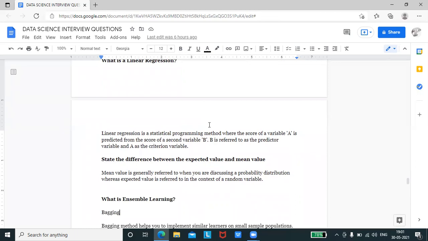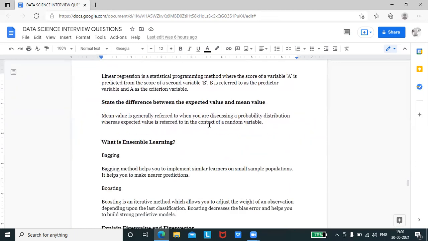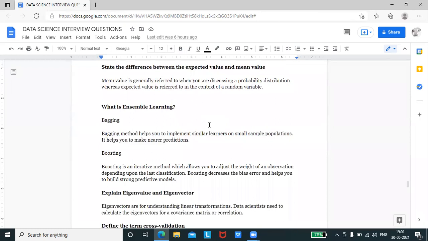Then what is ensemble learning? It's a very, very important concept in machine learning or in data science. Ensemble learning is used widely. So let's understand what is ensemble learning.